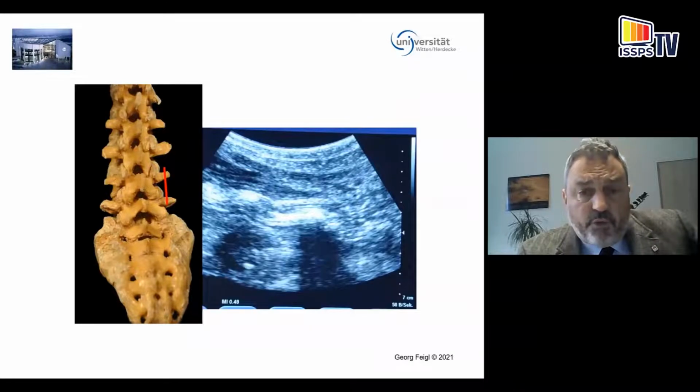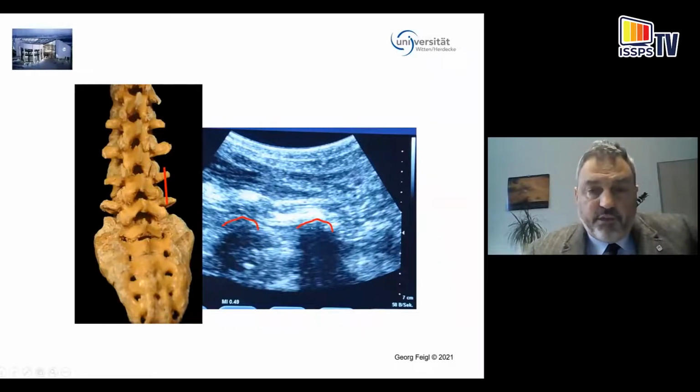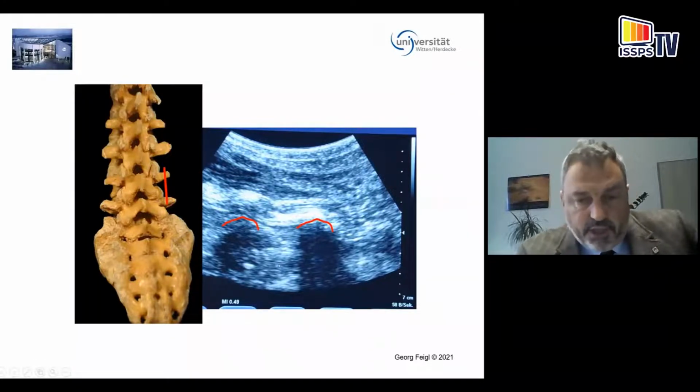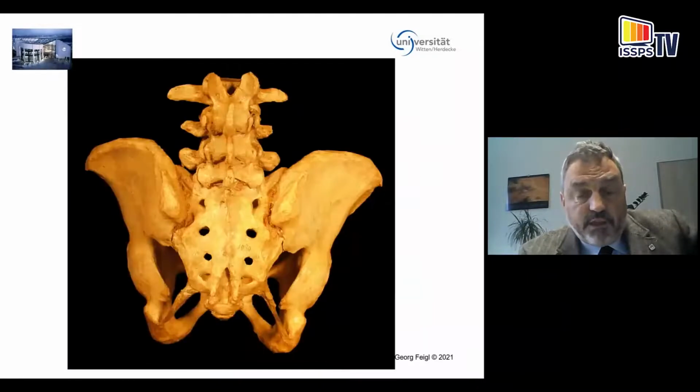If you go even more laterally, you just have the surfaces of the costal processes, and in between, if you advance the needle over here, you might get into the psoas compartment. This is something you have to be aware of, especially if the visibility is a little bit changed.